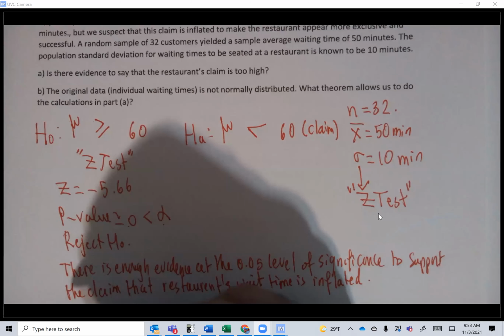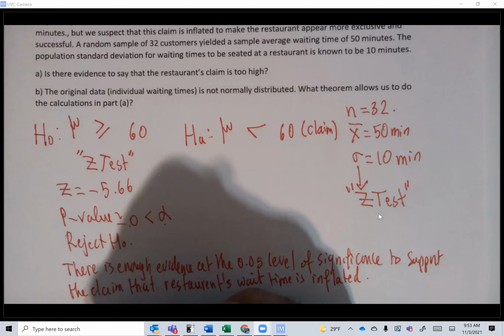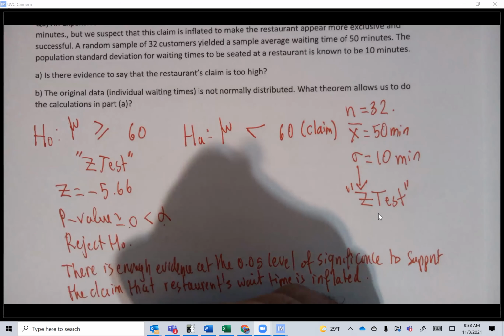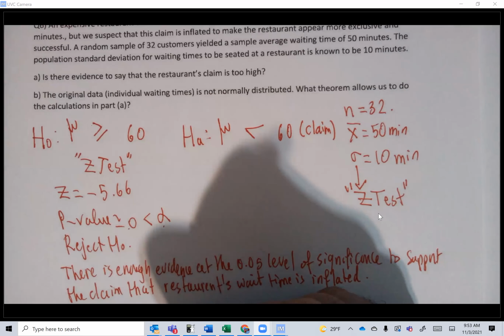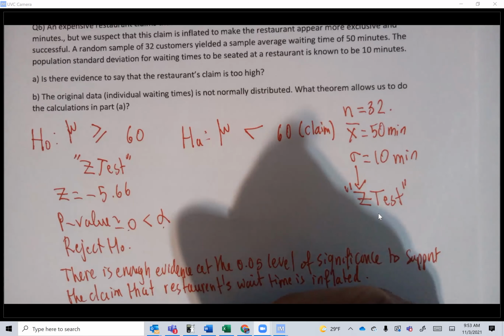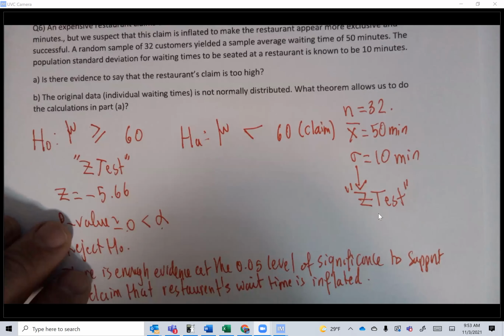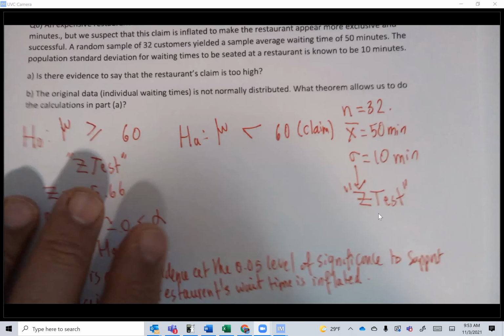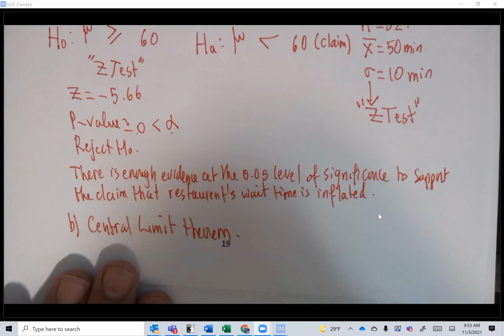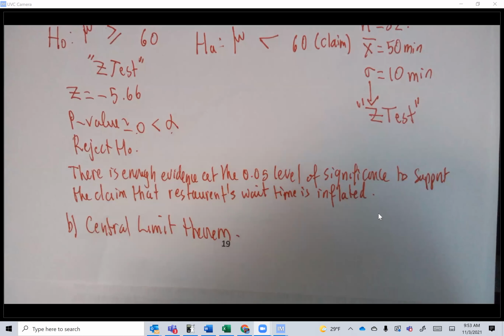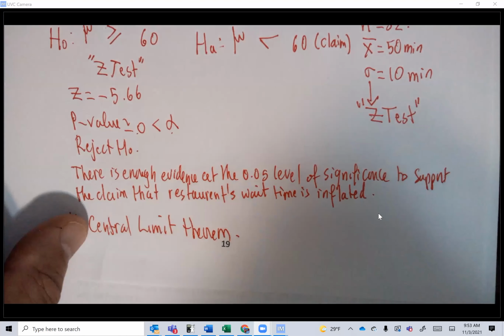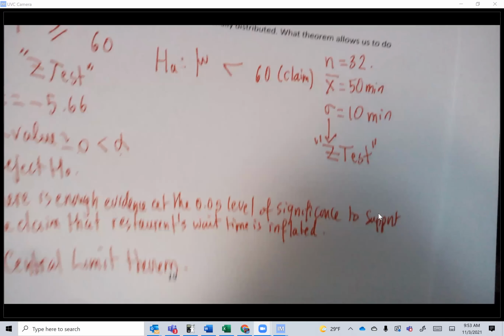This is what you did in section 5.4. Central limit theorem. All right. Any questions about number 6, guys? Okay, we're going to go to the next one.